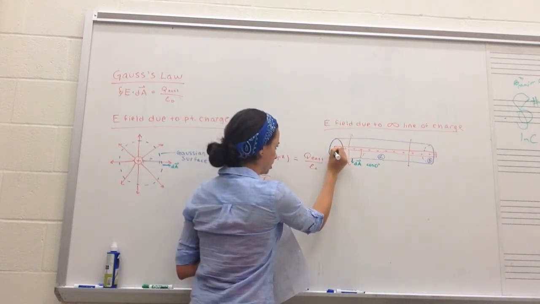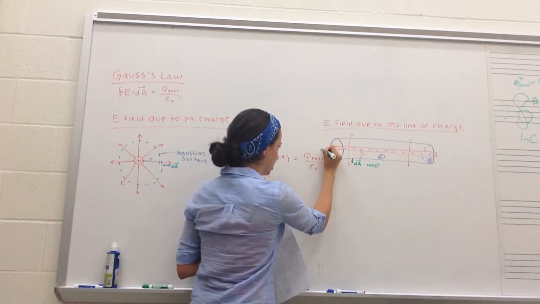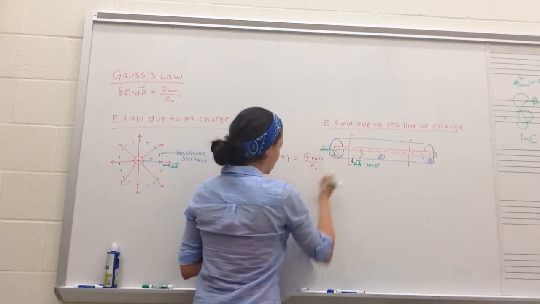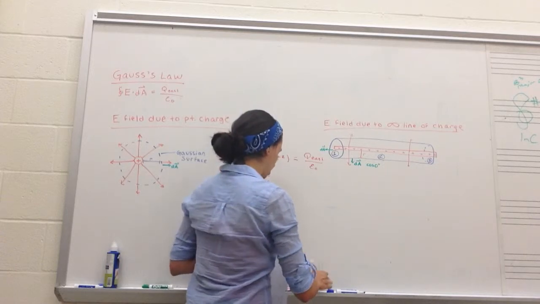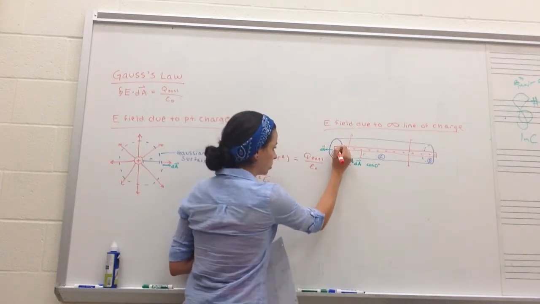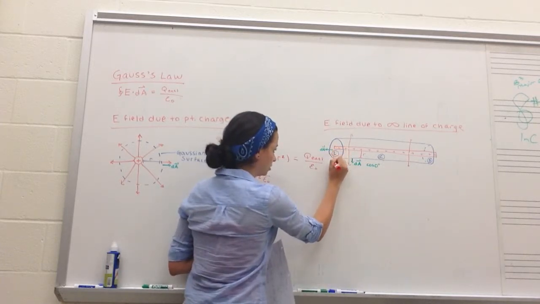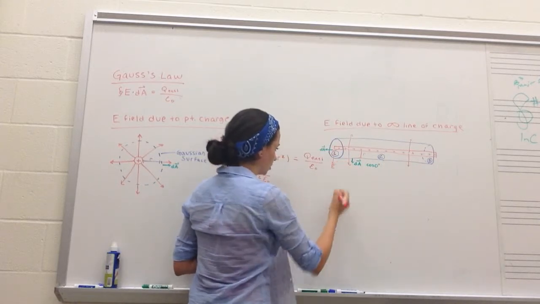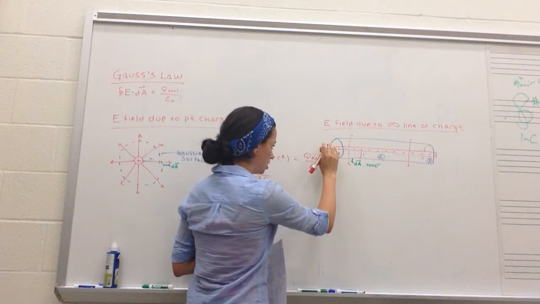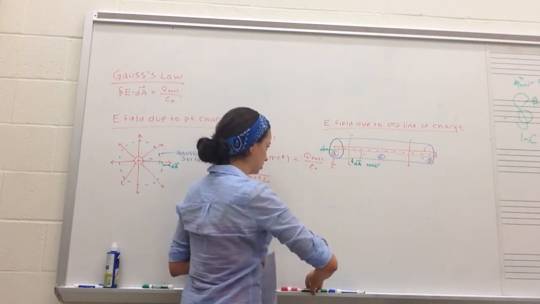So this is the way that our dA vector would be pointing. And then our electric field line, like I said before, would still be pointing straight down. So here the cosine is 90.